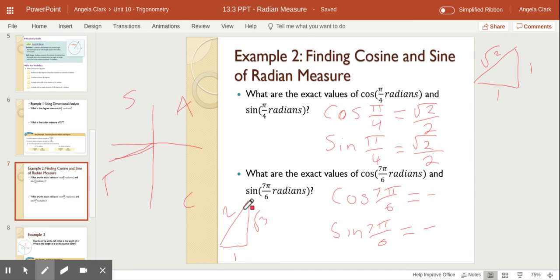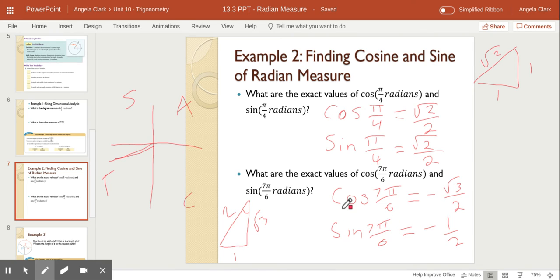The 30-degree angle is the one up here. That's important. So cosine is adjacent over hypotenuse, so that's the square root of 3 over 2. And then sine is opposite over hypotenuse, which is 1 over 2. So that is how that works.